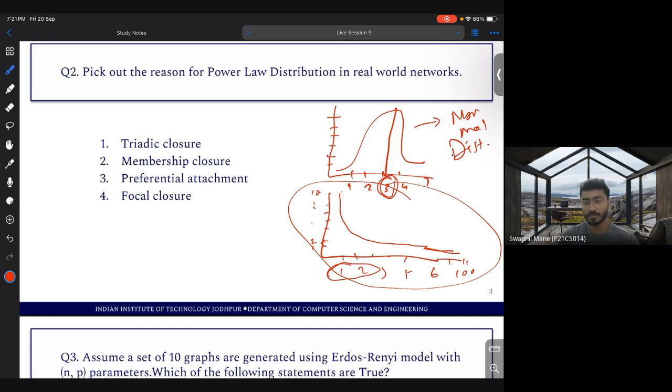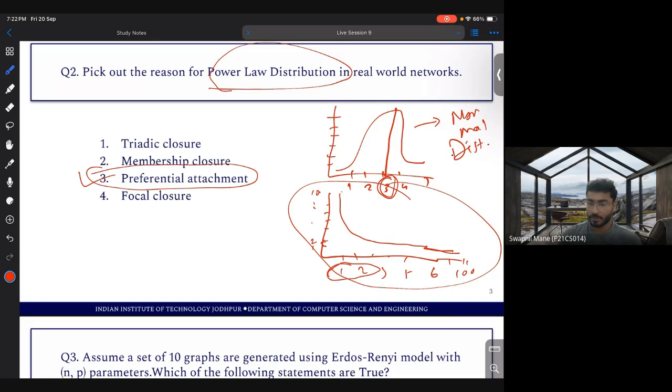Now, what does preferentially mean? In the existing graph, the node which has the highest number of degrees has a higher possibility of being connected to the new node. That is called preferential attachment. So here the third option is correct, preferential attachment. By following preferential attachment, the network follows a power law distribution.